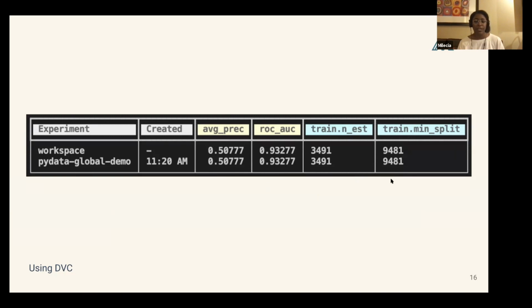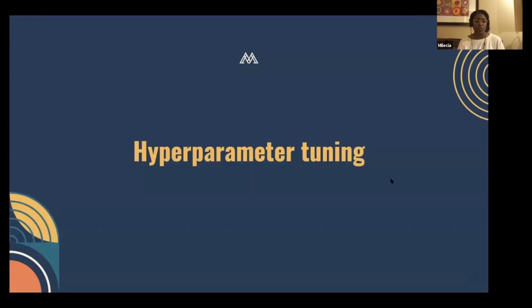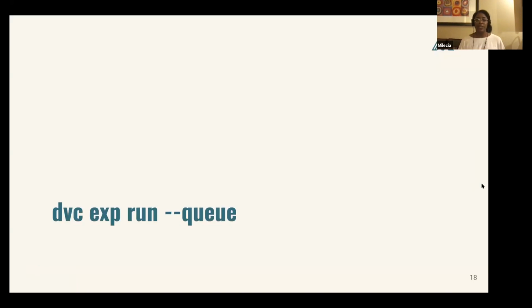So you decide that you want to tune your hyperparams to get better performance out of your model, maybe get that last 5% of accuracy that you need, or whatever metric it is you're trying to get. So you get your hyperparameters and you have the values for each of them.